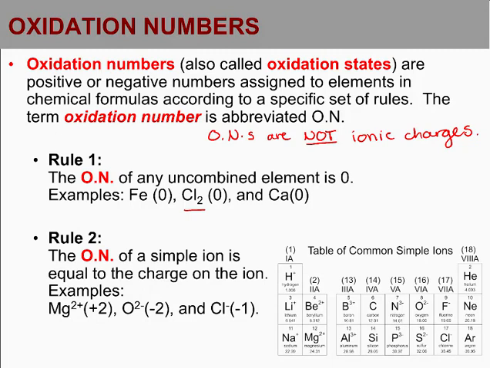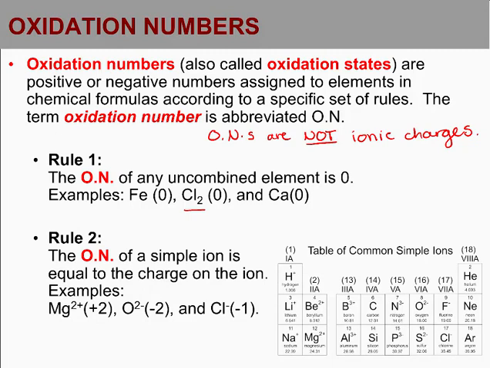And then in rule 2, we're going to say that the oxidation number of a simple ion is equal to the charge on the ion. So for instance, if we have a magnesium ion, we know that its charge is +2, so we would give it an oxidation number of +2. And then oxygen, we know, has an ionic charge of -2, so we would give that an oxidation number of -2.